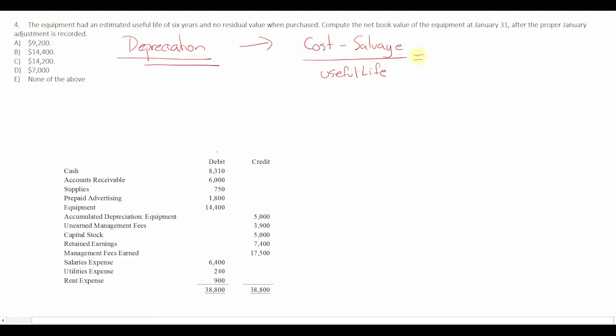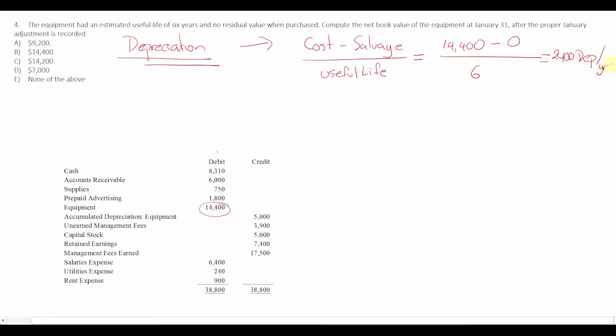And this machine, if we look at our trial balance, cost is $14,400. There was no residual value, and it's good for 6 years. They gave us all of this information in the question. So that told us that we're allowed to be calculating $2,400 of depreciation every year.